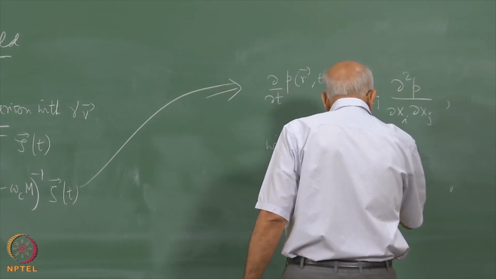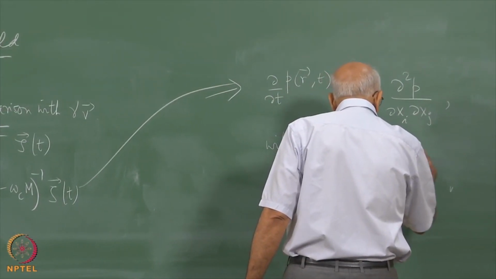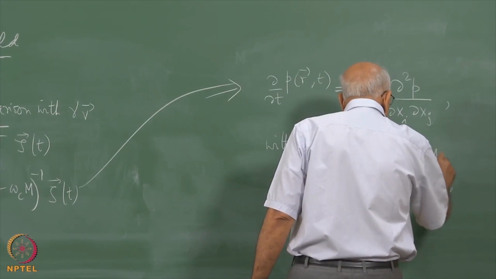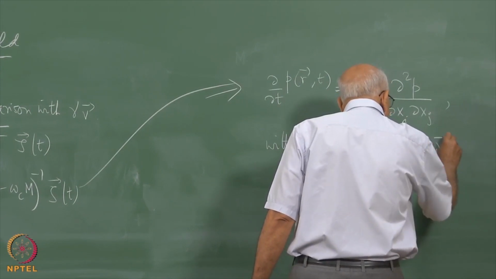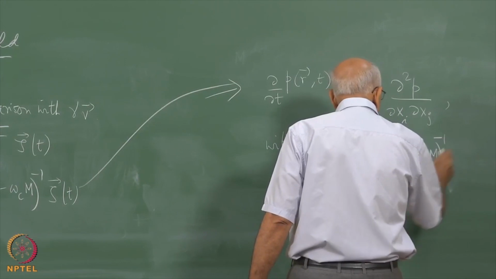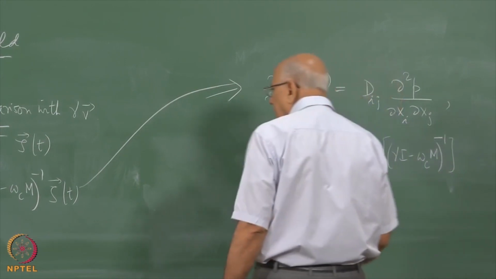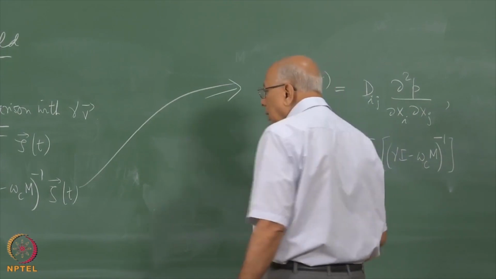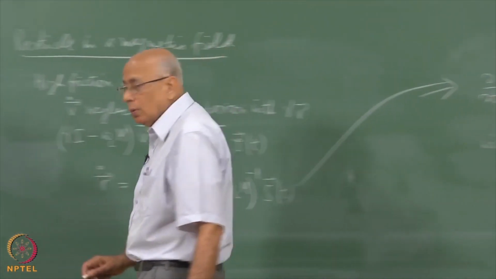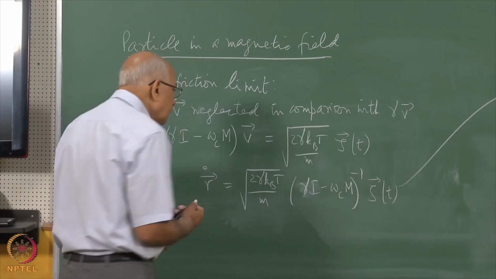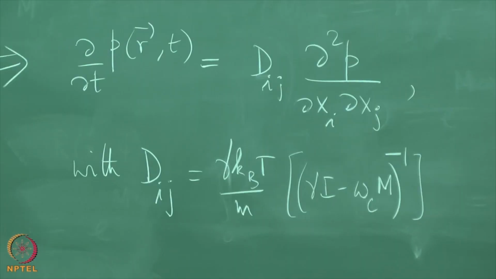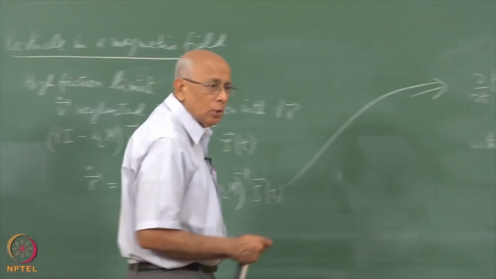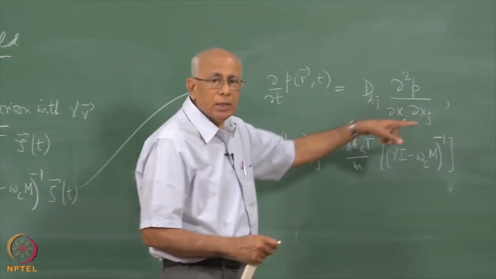This is gamma I minus omega c m inverse, gamma I plus omega c m inverse, because m is antisymmetric. Gamma I, no, no. Why do you say that? The next one is the transpose of... Oh yeah, sure, but I have written just G, I have to write G transpose.